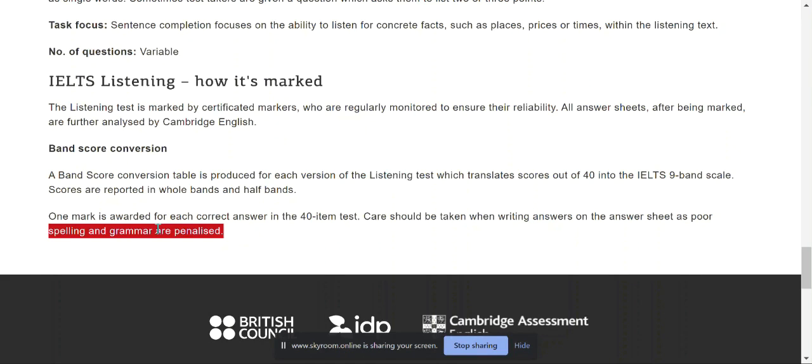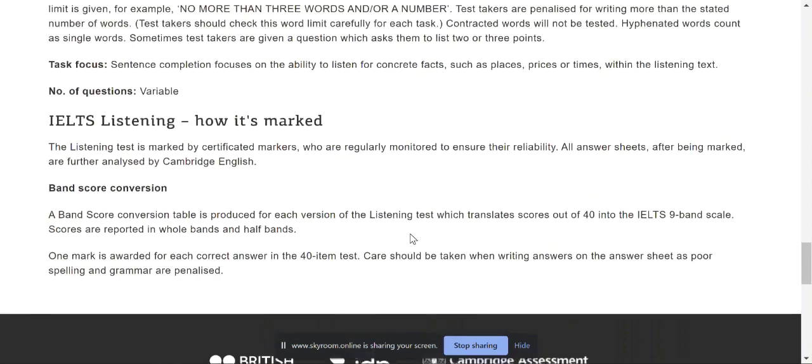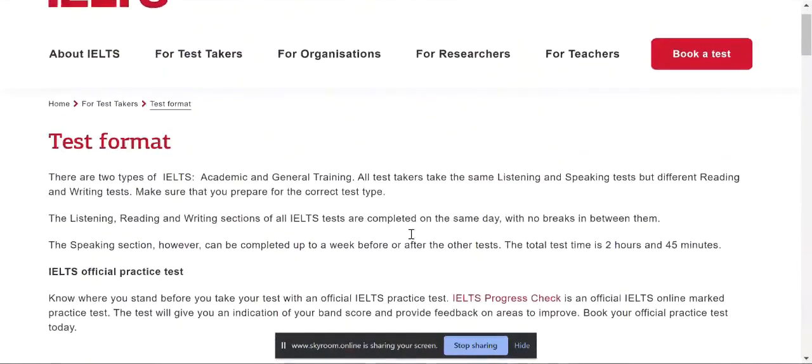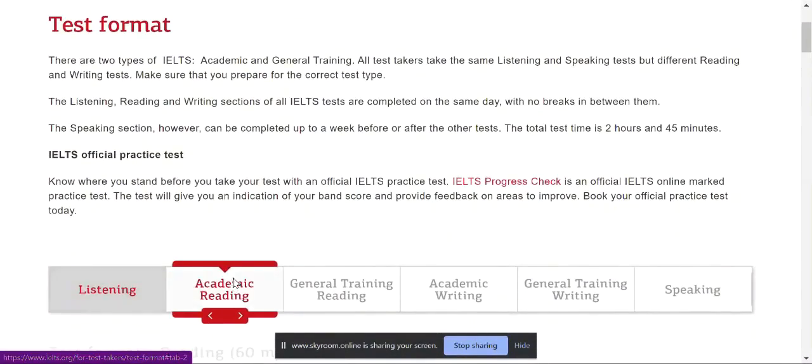You will get nothing. Also, the paper sheet should be clear and tidy. The same goes for the academic. In academic, most of the questions are choosing questions. You have to choose from something to something.